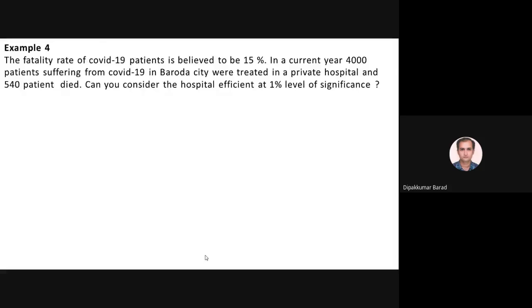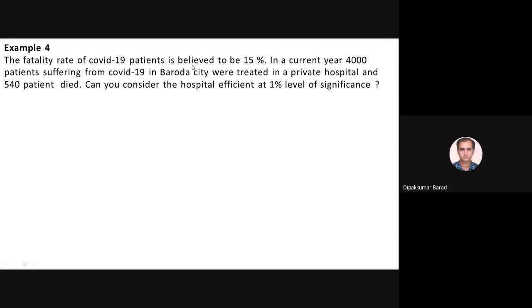So in the current year, 4,000 patients suffering from COVID-19 in Baroda city were treated in a private hospital, and 540 patients died. So out of 4,000, 540 patients died in some private hospital of Baroda city.